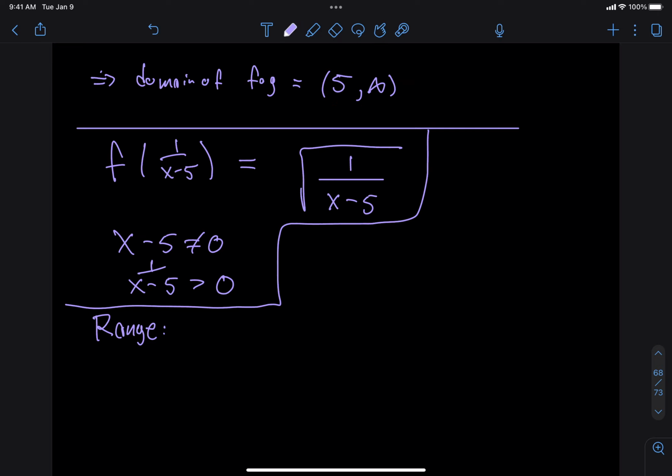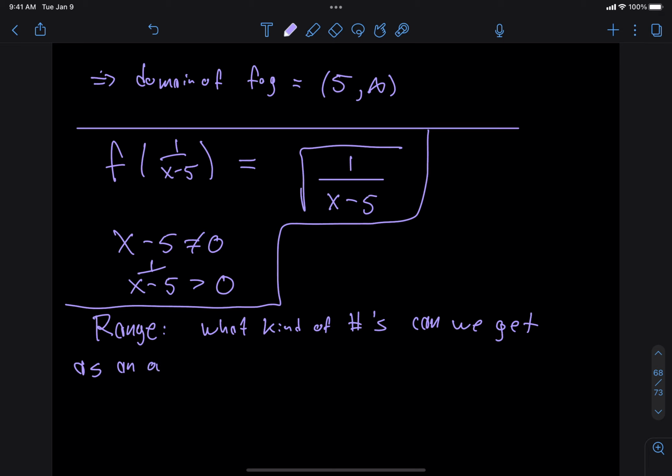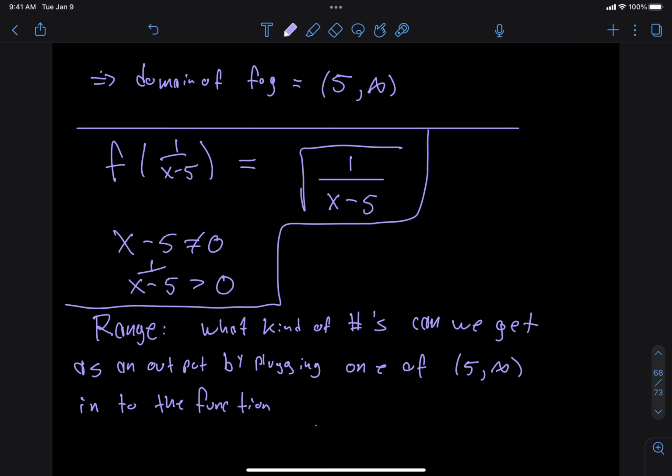And we're going to ask ourselves, what kind of numbers can we get as an output by plugging one of the numbers from 5 to infinity into the function square root of 1 over x minus 5?